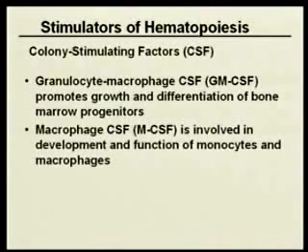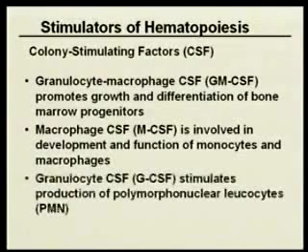There's macrophage colony stimulating factor. As the name says, it's involved in the maturation of monocytes and macrophage. Again, granulocyte colony stimulating factor stimulates production of polymorphonuclear leukocytes, or PMNs.